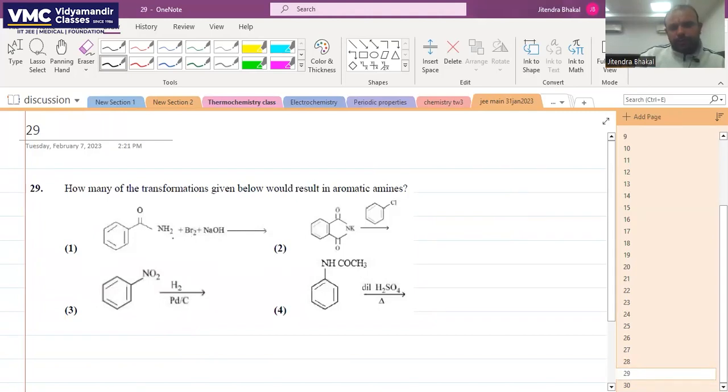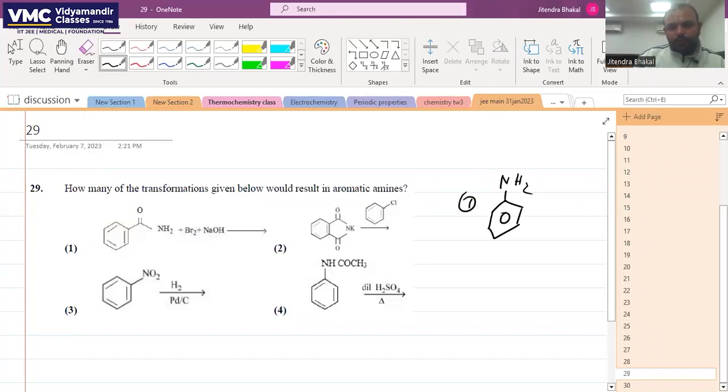This is the Hofmann bromamide reaction, and we will definitely get an aromatic amine. So we get aniline in reaction 1. For reaction 1, this is the product.